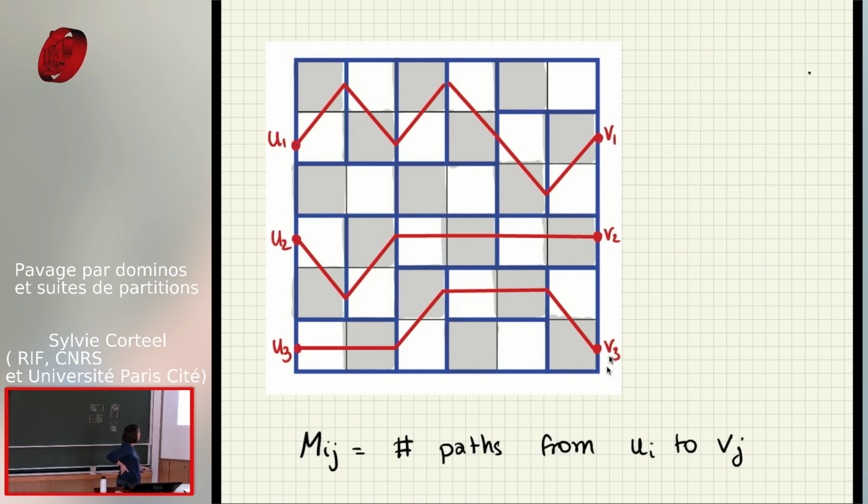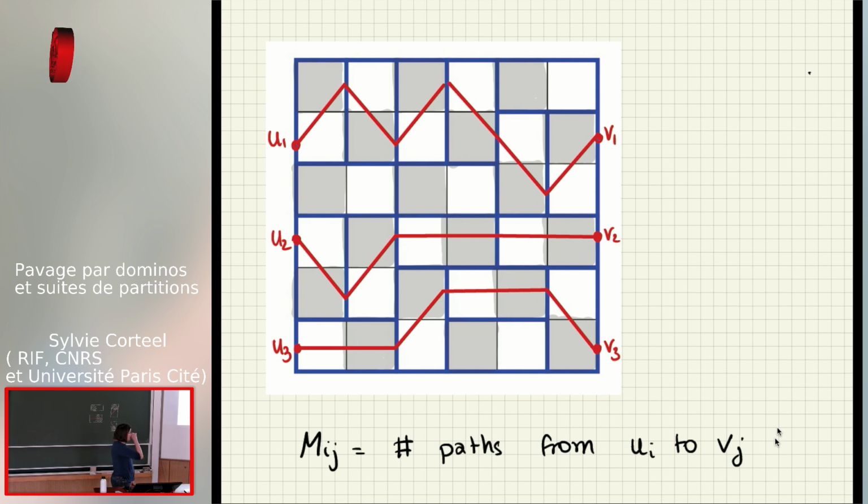And what you have in your matrix is, if I call my starting points U1, U2, U3, my ending points V1, V2, and V3, what I put in my matrix, M_ij, will be the number of paths from U_i to V_j. Okay? And if I can compute this determinant, then I can count my number of tilings.